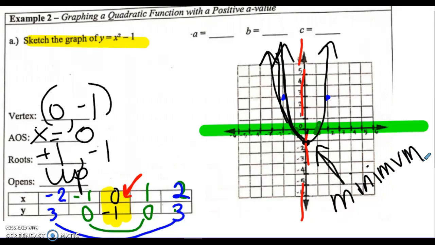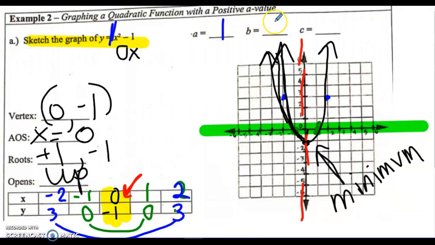A quick thing up here: when we do the quadratic formula, we've got to fill in the a, the b, and the c. Maybe I should have done that right away. The a always is what lives in front of the x squared. I wasn't crossing that out, I was just drawing that there is a 1 in front of the x squared. So my a is 1. My b is always the number in front of just the plain x, but there isn't anything, which means there are 0 x's.